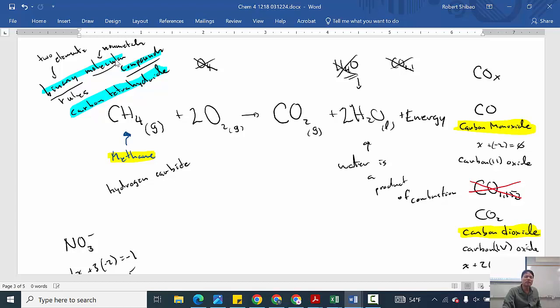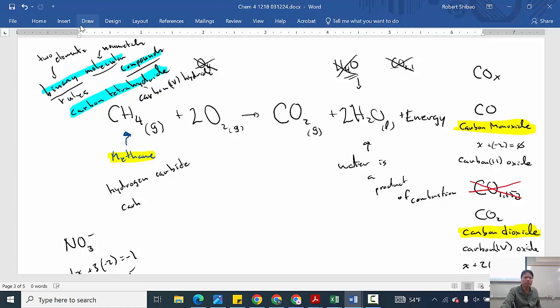Or another name for this could be carbon, Roman numeral 4, hydride. That would be correlated with this here.